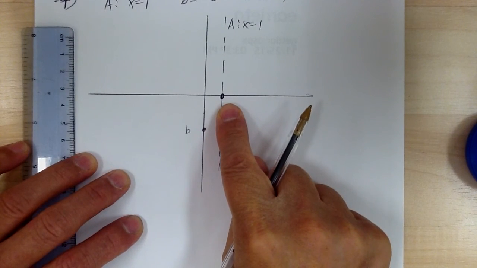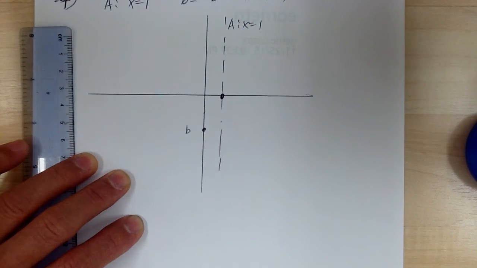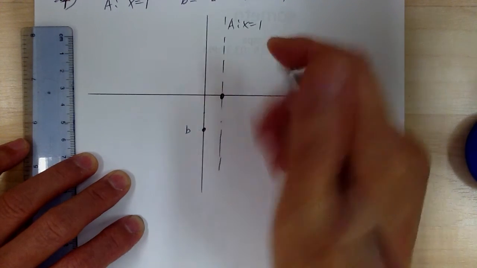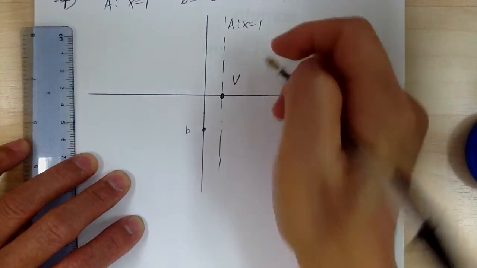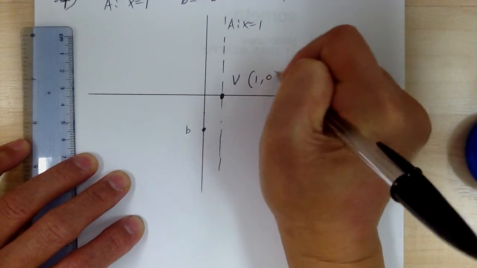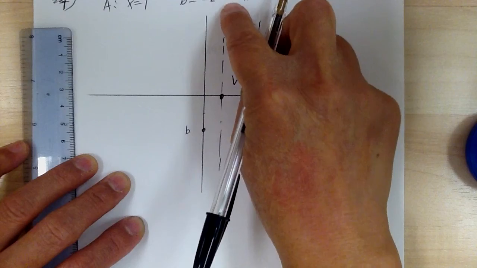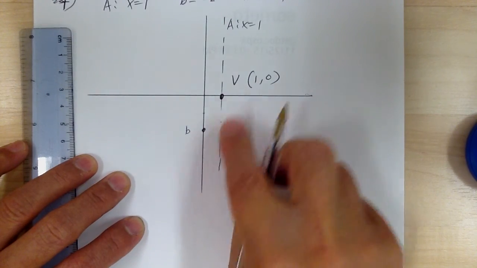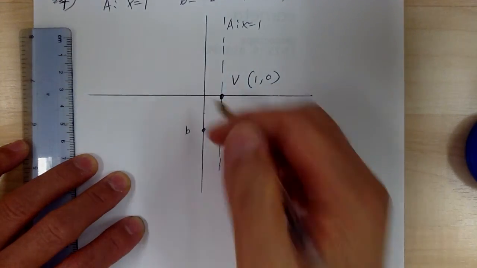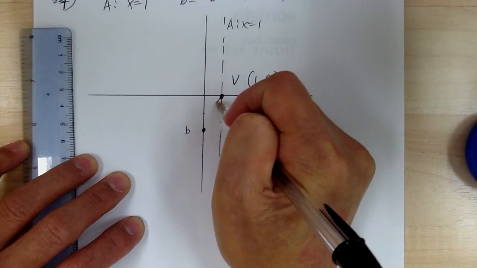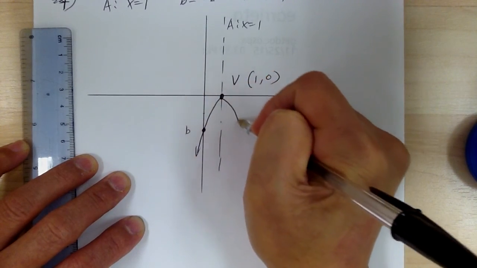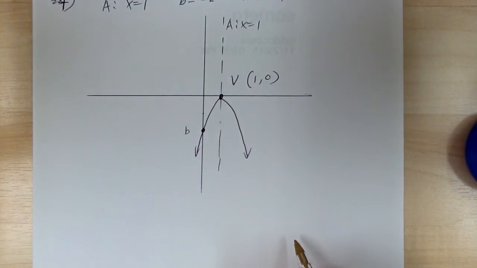By looking at that, remember, the axis of symmetry always goes through the vertex. Always. Since it goes through this point right away, you know this would be the vertex. So your vertex is going to be at 1, 0. Again, the point that the axis goes through will be your vertex. And since this point is over here, the graph is going to go down this way.